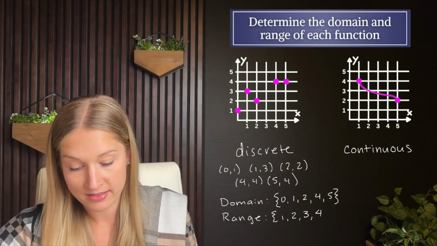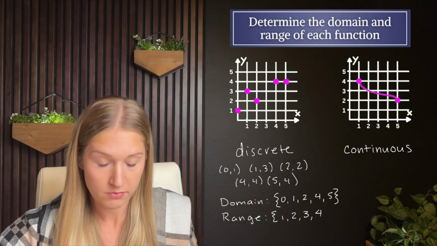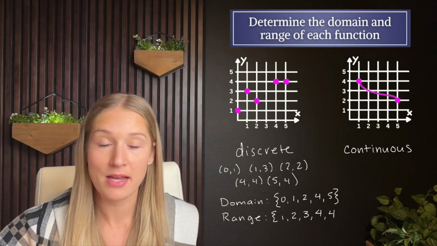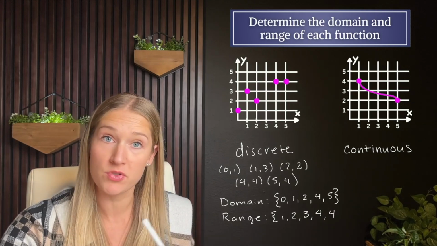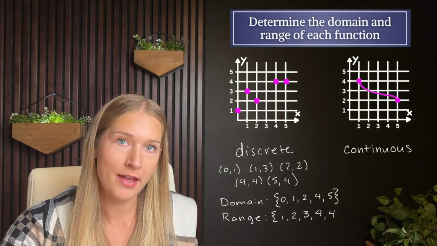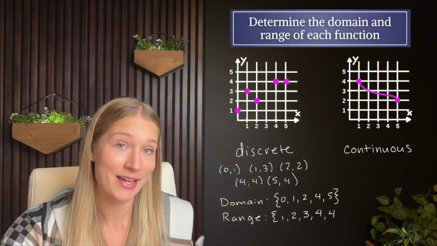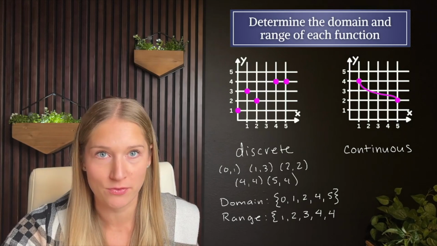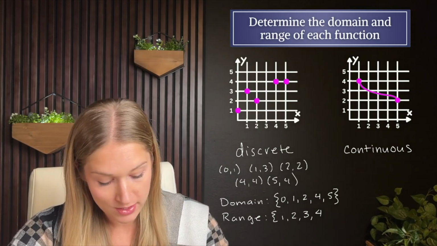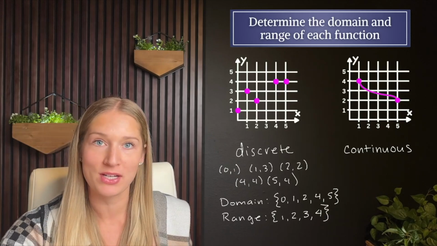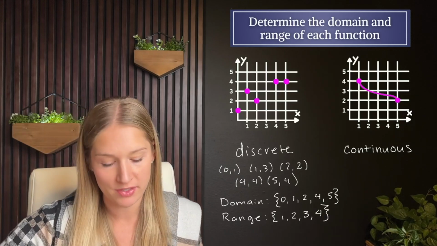If I wrote the second 4 in this list, I'd basically be telling you that you can use the numbers 1, 2, 3, 4, and 4. But I already told you that you can use 4, so I don't need to tell you a second time. I only need to write it one time when listing my range, and this would be my domain and my range for that discrete relation.